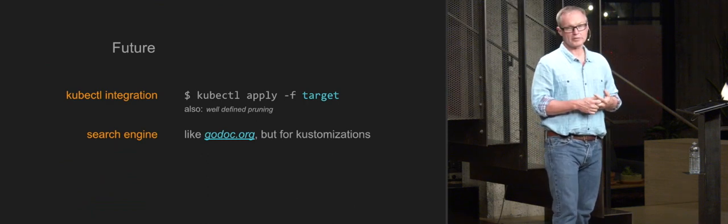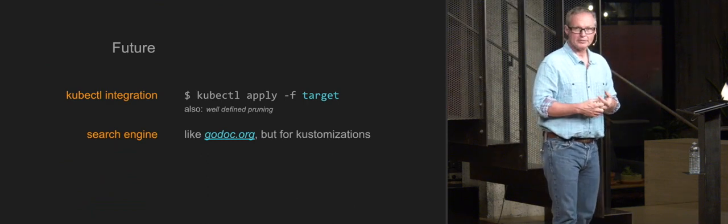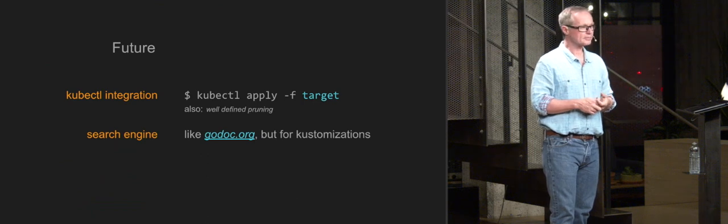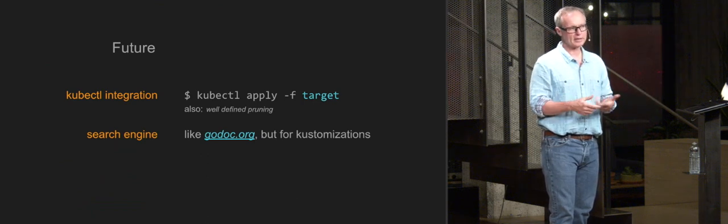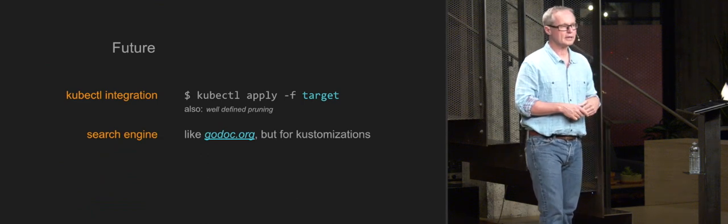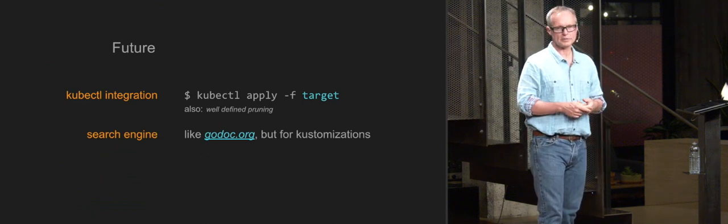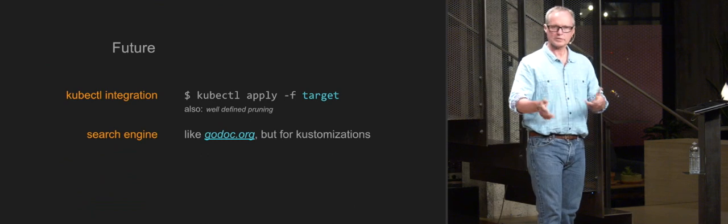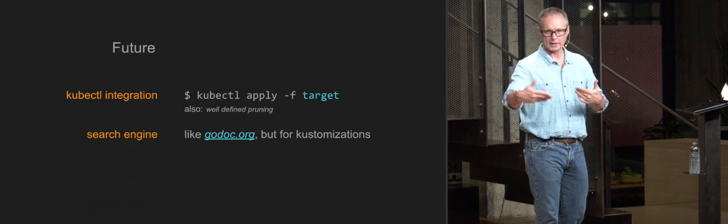And we're going to fix pruning at the same time, if you're familiar with all the problems associated with pruning. And then we're thinking about throwing out a simple search engine like godoc.org that would allow you to find customizations or find resources and then customize them, because it's all about making things your own.